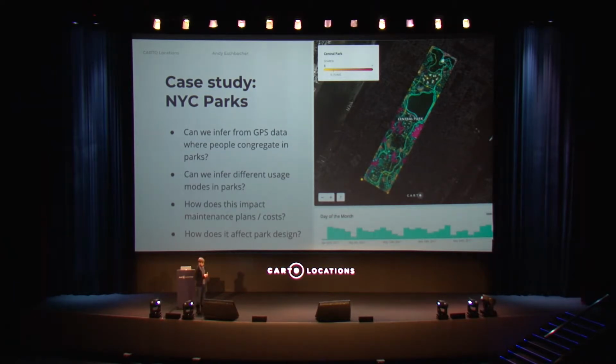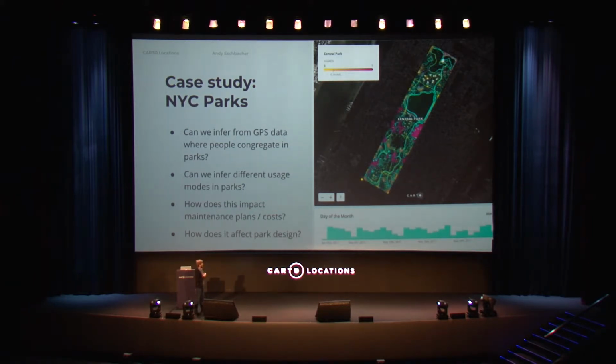Another case study that we did on our team for uncovering patterns in data sets, this one uses DBSCAN, which is density-based scanning. So it's looking for clusters of areas where there are similar densities of points. And my colleague Wenfei did this analysis of GPS data to look for patterns in how people use Central Park.